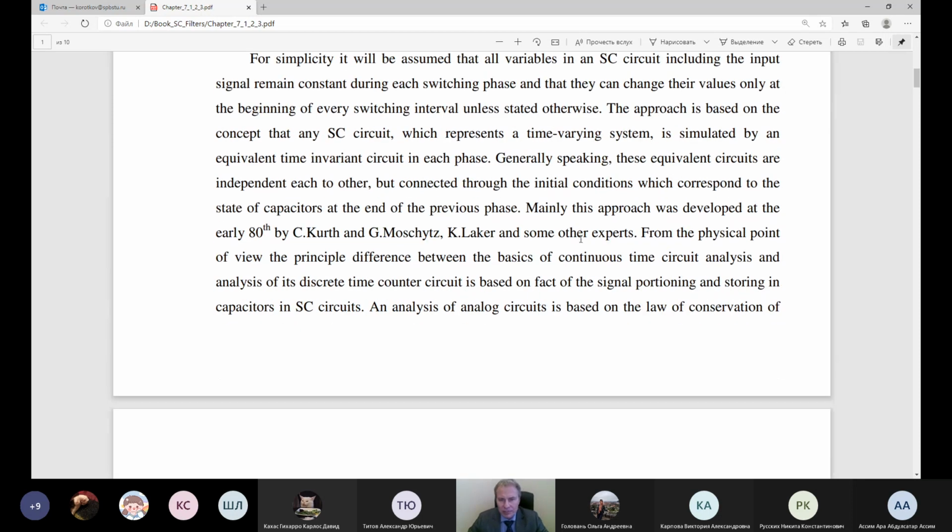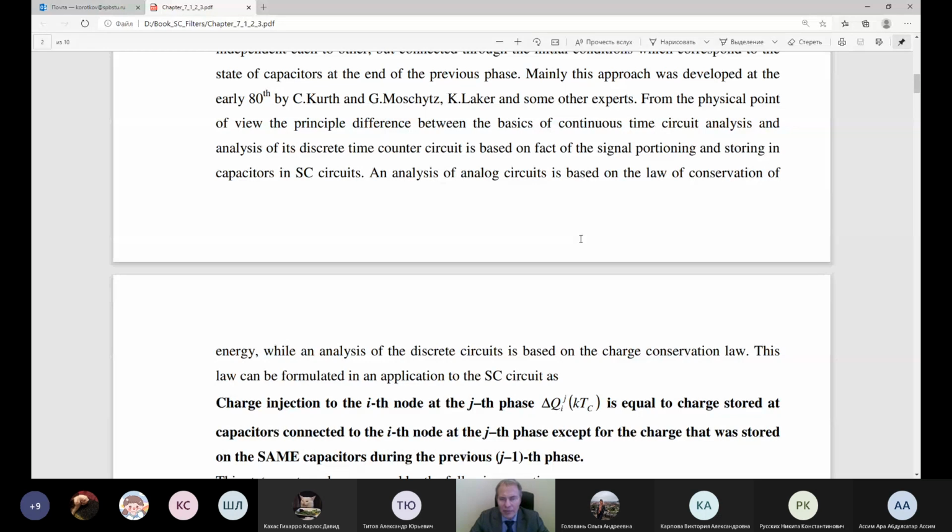So, well, from the physical point of view, it is important to understand that if we are talking about the classical approach for circuit analysis, the Kirchhoff laws are the basis of this approach. Yeah, you know about it. Законы Кирхоффа — это основа, собственно, анализа любой схемы. And the Kirchhoff laws are based on the law of conservation of energy, на основе закона сохранения энергии.